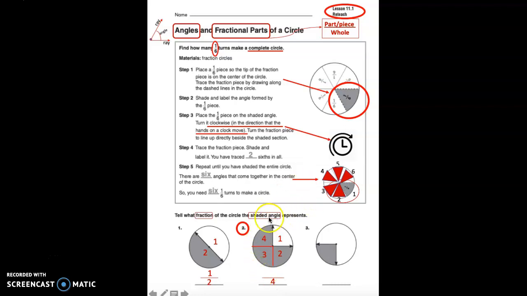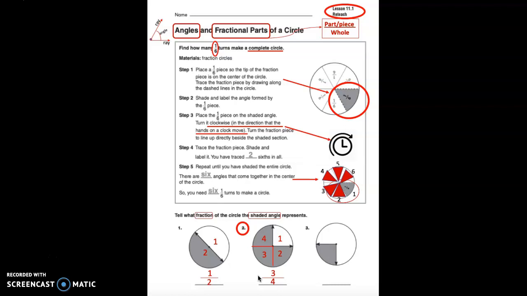Now I need to count how many shaded pieces there are, or shaded angles. So let's count. 1, 2, 3. There are 3 shaded angles represented in my circle. Therefore, my numerator is going to be 3.